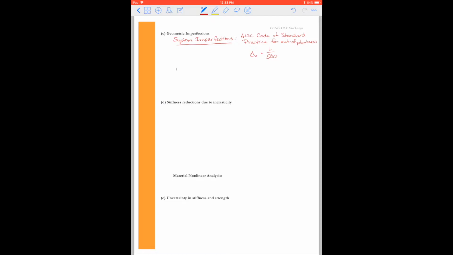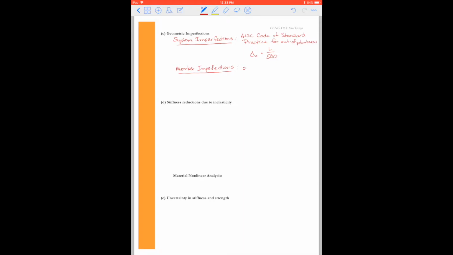In addition to this, we need to capture our member imperfections. When a beam is rolled at the steel mill, it can't be perfectly straight either. So for our member imperfections, we also look to standard practice values.